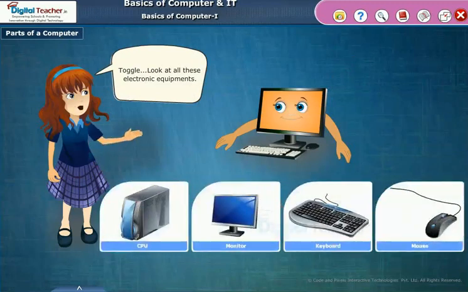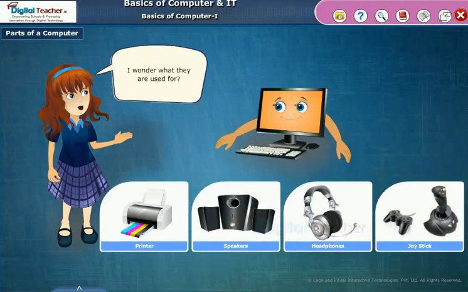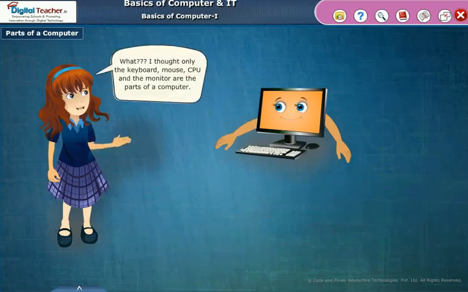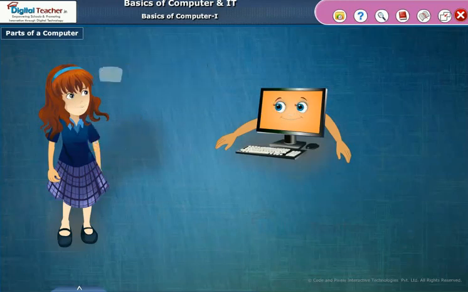Toggle, look at all these electronic equipments. I wonder what they are used for. Chinky, all these are different parts of a computer. What? I thought only the keyboard, mouse, CPU and the monitor are the parts of a computer.